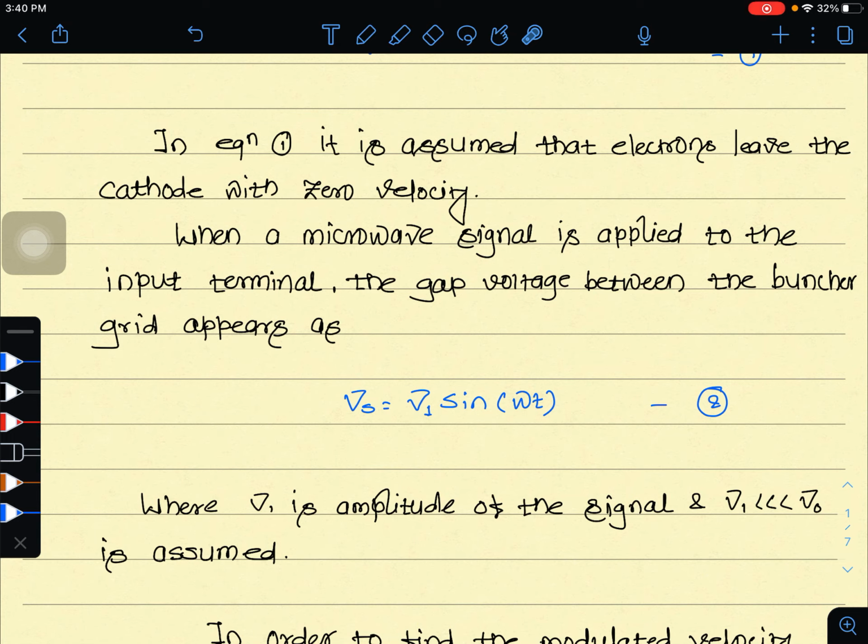Now what happens? The electrons in the buncher cavity, either entering or leaving, have some specific time.